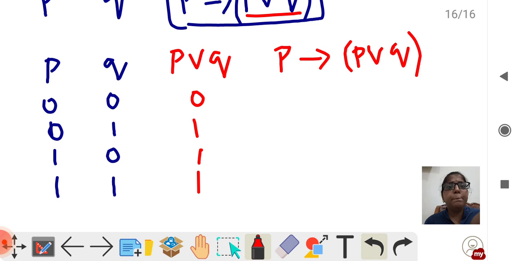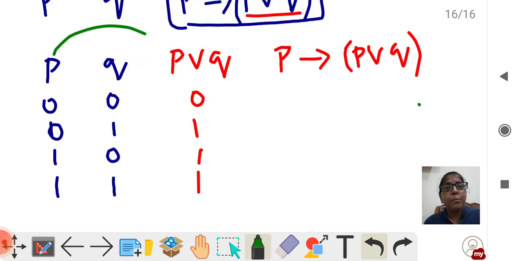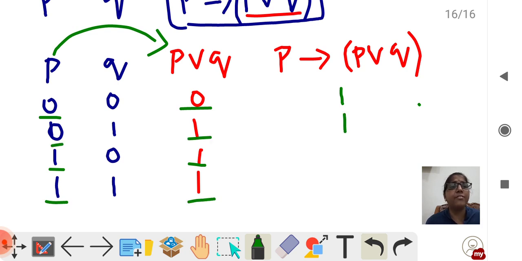So next we have to find P → (P ∨ Q). What is the implication of these two statements? See here, we have to go from P to P ∨ Q. So 0 implies 0 is 1; if both are the same, then it is 1 in implication. Here we are having 0 implies 1. It is obviously 1. A false can imply a true statement. So 0, 1, 1 is 1.